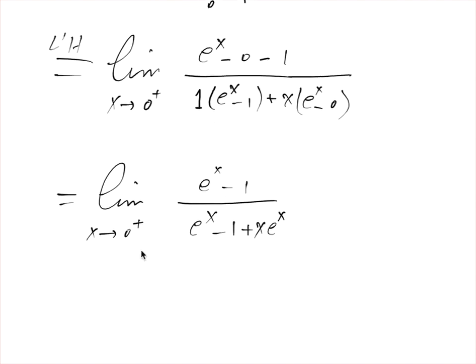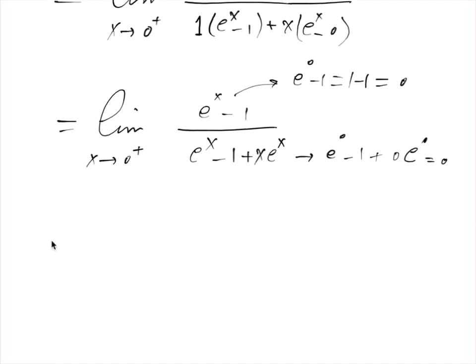As x goes to 0, the numerator tends to e to the 0 minus 1, which is 1 minus 1, which is 0. Denominator tends to e to the 0, which is 1 minus 1, plus 0 times e to the 0. When we simplify this, 1 minus 1 is 0, so it's 0 over 0 again.